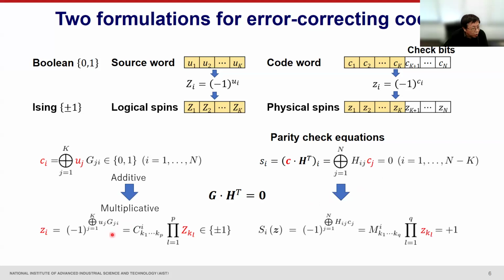Where additive equations are replaced with multiplicative equations for small z and large Z. In the next view graph, we note that the variable s, which is a function of physical spin variable z, small z, defines a parity check equation.